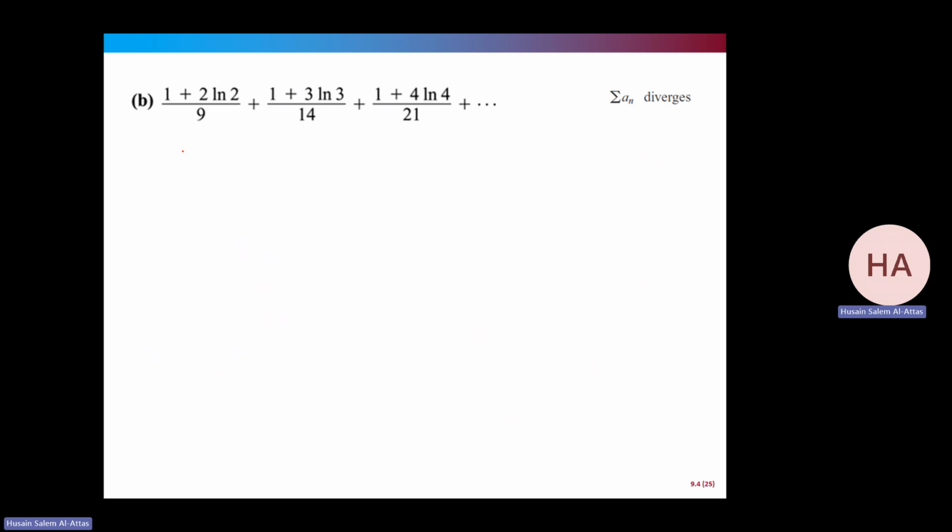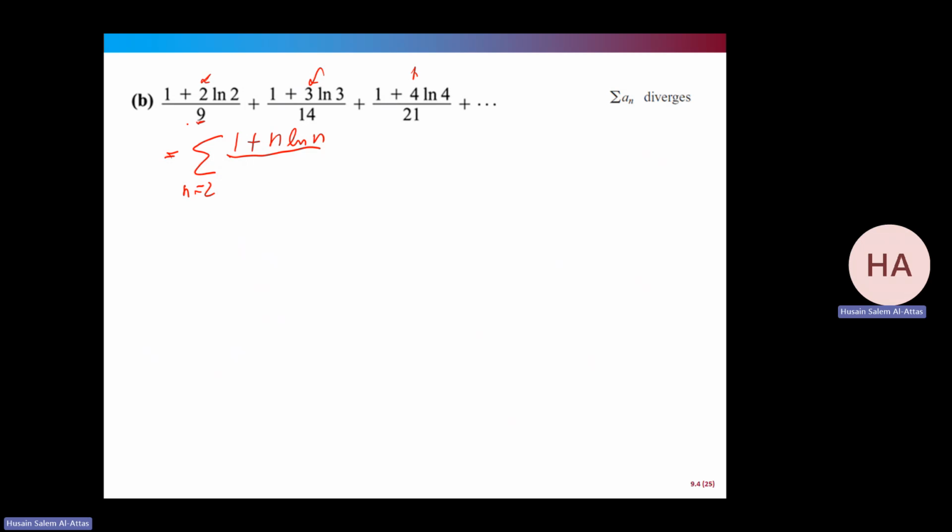What will be the n term? That will be the series. Be careful. I'm starting with 2, so let me make it n equal 2. So I have 1 plus n ln n, and n is 2, 3, 4, so ln 2, ln 3, ln 4, over n squared plus 5.